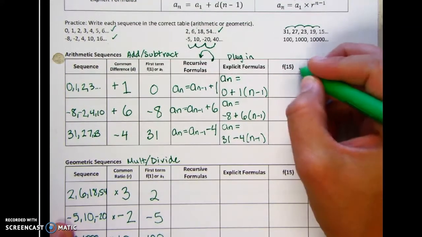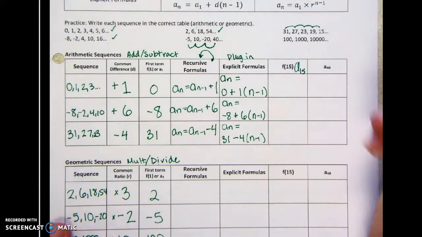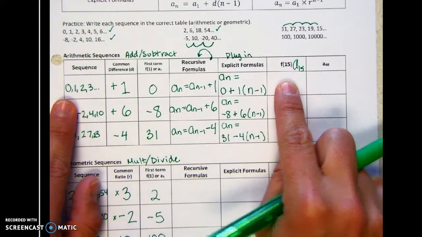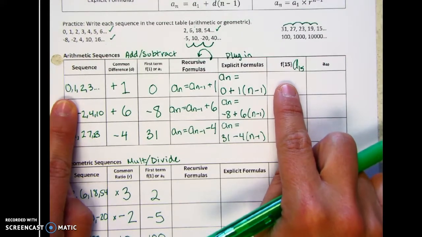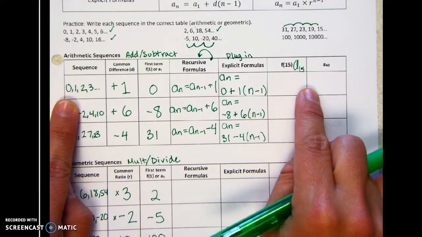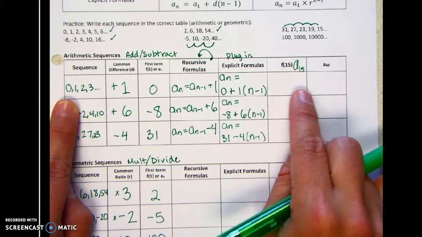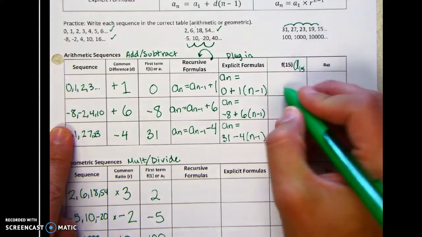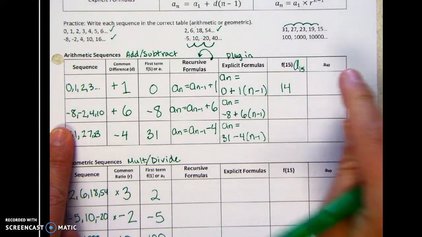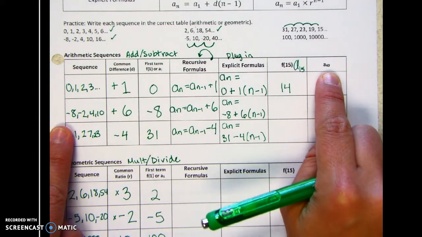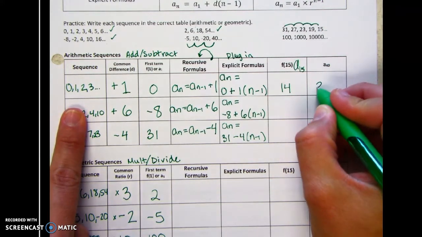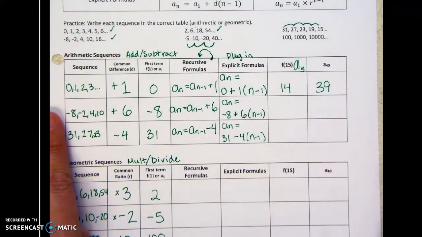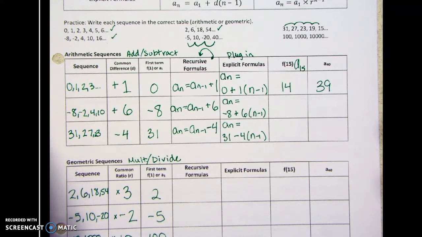This means a sub 15, okay? So if the first term is 0, what would the 15th term be? Would it be 14, 15, or 16? I agree. What's the 40th term going to be? Okay. Do you see how we didn't have to use a formula for that one? So you could figure this out without the formula.